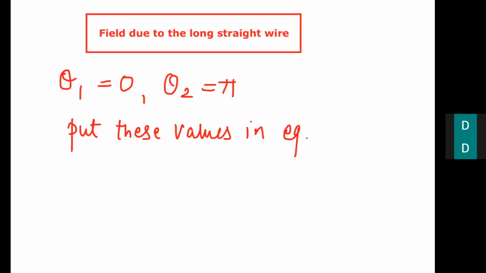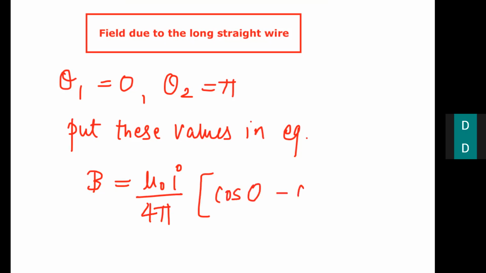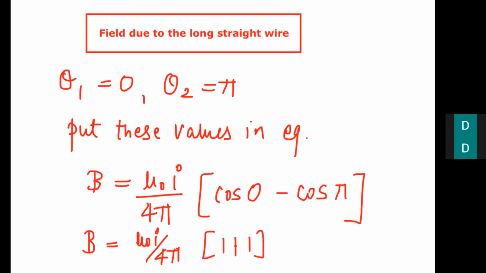So B is equal to mu 0 I upon 4 pi D into cos theta 1, which is cos 0, minus cos theta 2, which is cos pi. So B is equal to mu 0 I upon 4 pi D, and this is 1 plus 1. So mu 0 I upon 4 pi D into 2. So that would make B equal to mu 0 I upon 2 pi D.